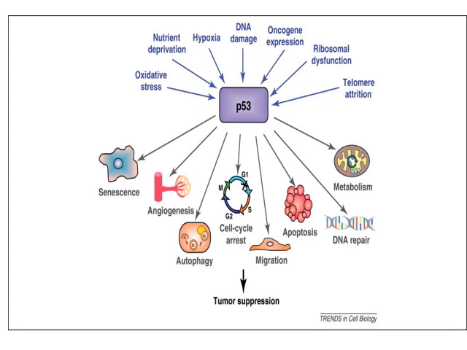For example, according to the external environment, it may activate cellular senescence, angiogenesis, cell cycle arrest or activation, migration, apoptosis, or repair of the DNA damage, in order to keep the cell safe from the external environment, and tumor suppression. So it keeps the cell away from development of a tumor.